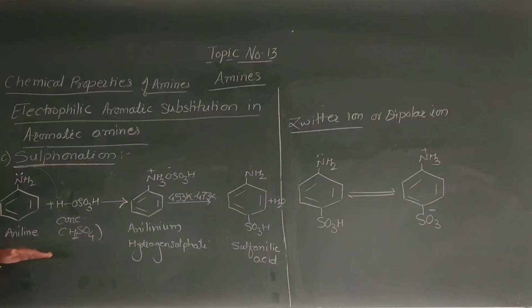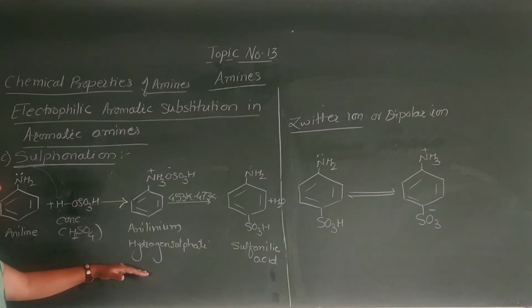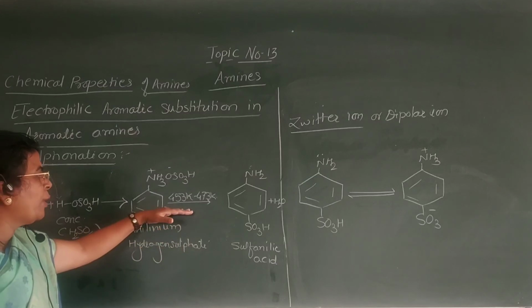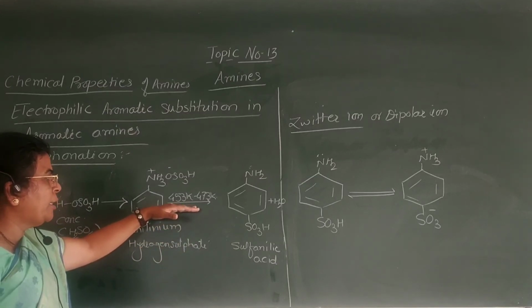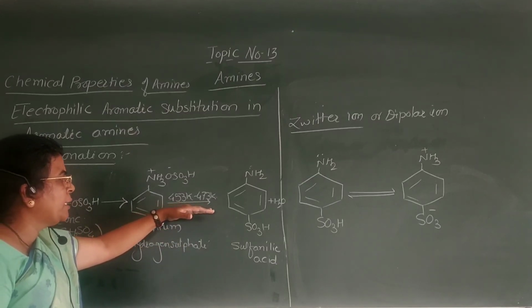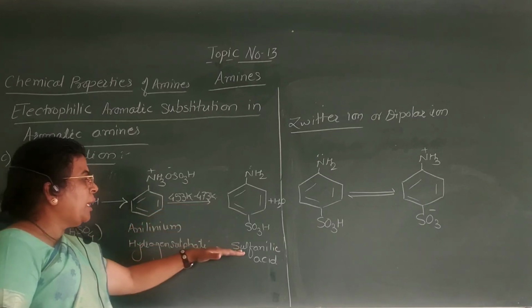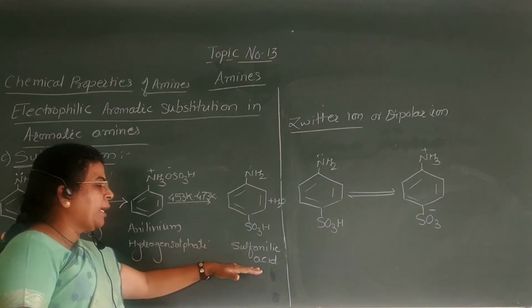In this way, when aniline is treated with concentrated H2SO4, first formation of anilinium hydrogen sulfate takes place, and this anilinium hydrogen sulfate, when heated at 453 Kelvin to 473 Kelvin temperature, gets converted into sulfanilic acid.